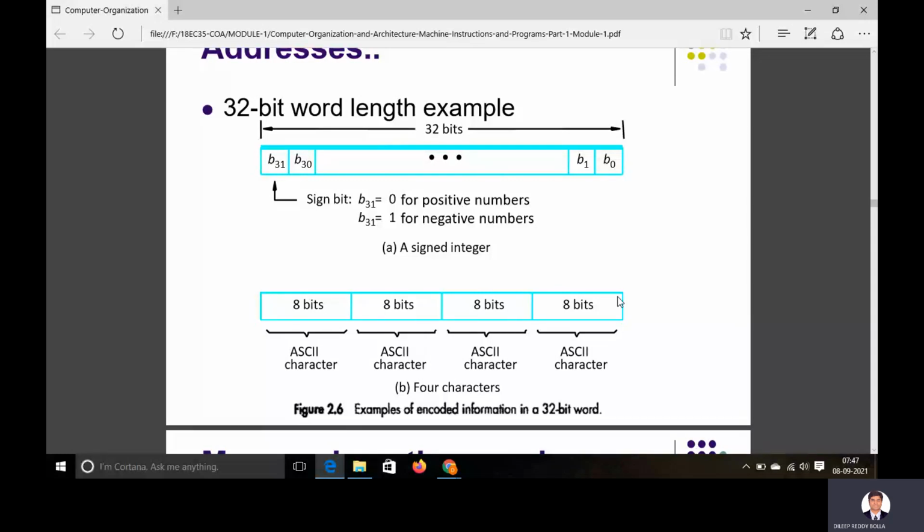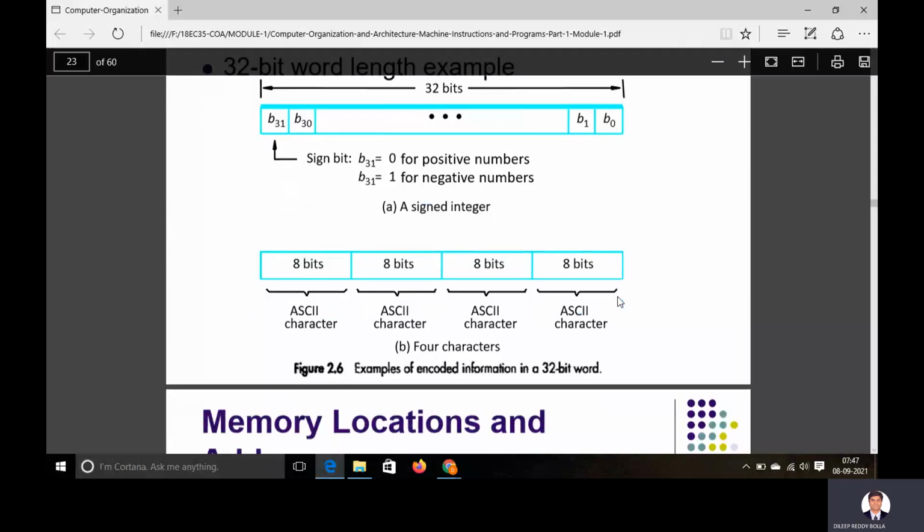So 8 into 4 will lead to 32-bit. So a 32-bit word length can have 4 ASCII character storage capacity, and a 32-bit word length can have 32 binary bit information capacity, out of which the MSB is used for the sign. Then the remaining 31 bits will be used for storing the number.